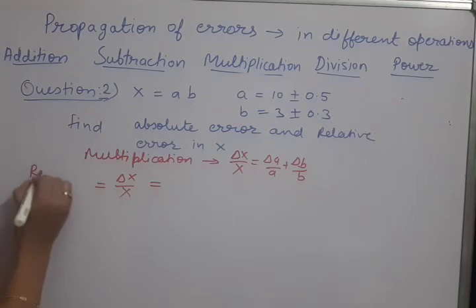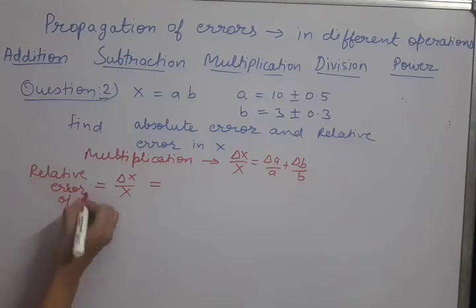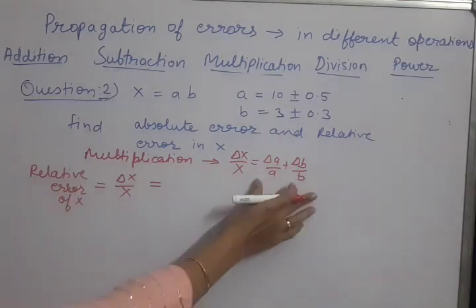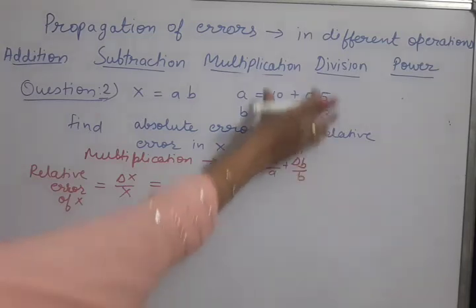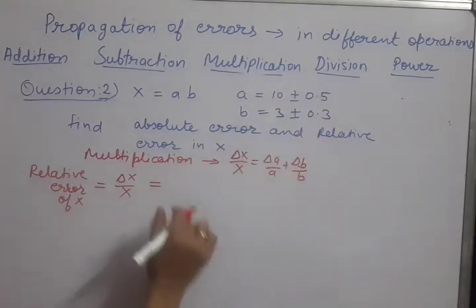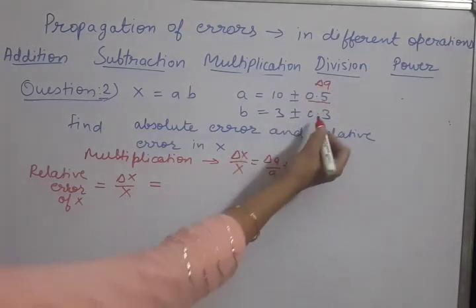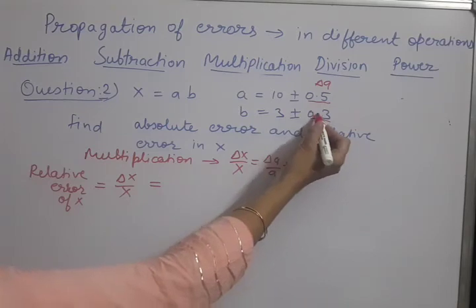Delta x by x means relative error of x. Formula is this. In this formula, from here we have to put the values. Where is delta a? Delta a is this term, and this term is delta b.